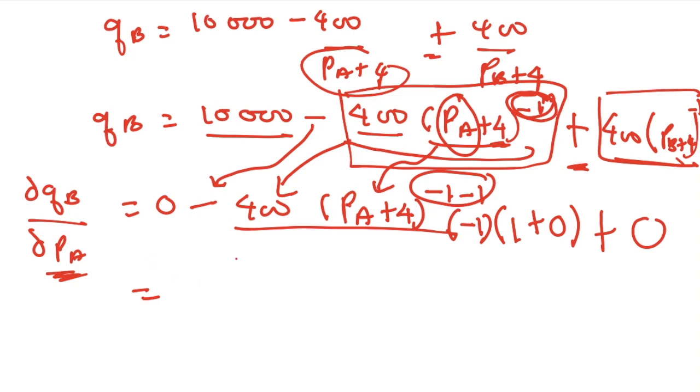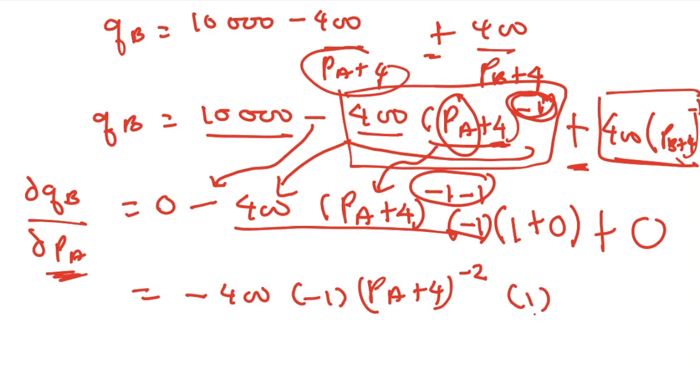Alright, clear. So now it becomes what? 0, 0. I don't have to rewrite it again. Minus 400 meets minus 1, PA plus 4 in bracket to the power of minus 2, and then 1. Isn't it? So I can rewrite it: minus meets minus 400, this one becomes PA plus 4 squared.